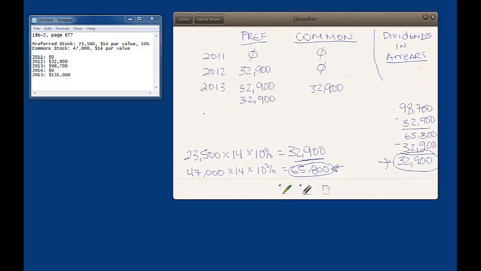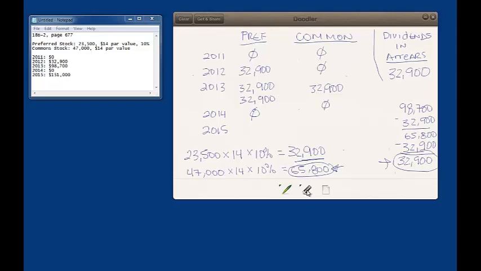Okay, so 2014. In 2014, no dividends to preferred or common stockholders, but just like in 2011, we now have, again, $32,900 dividends in arrears. There's no money to give out. Okay, 2015, we have 151,000 dividends to pay.